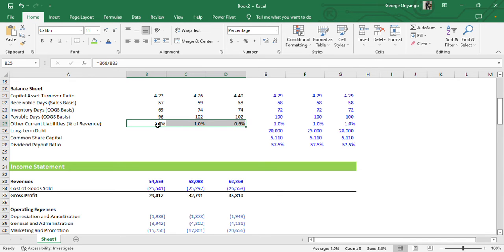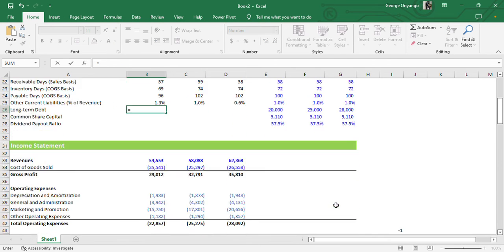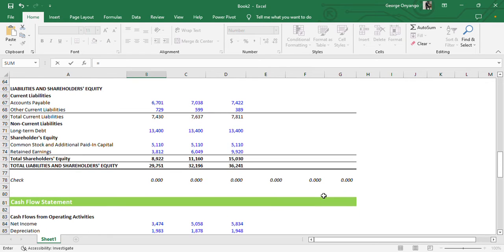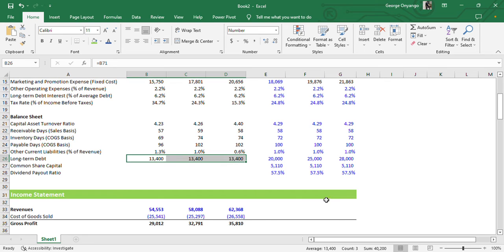Then we fill that right. Then we have the long-term debt. Long-term debt, we get directly from the balance sheet, and we fill that right. So this company, as you can see, predicts that they will be able to add more debt in the next 3 years.